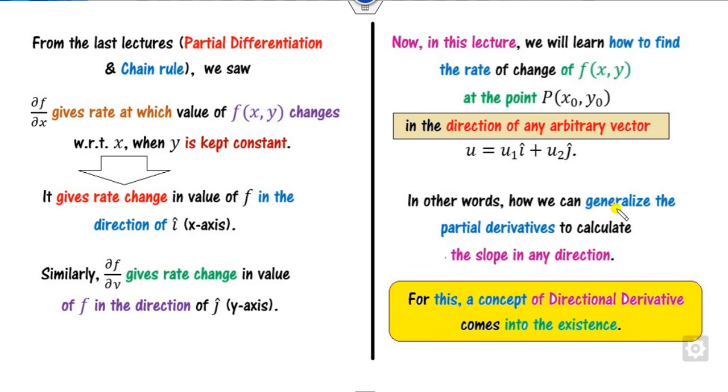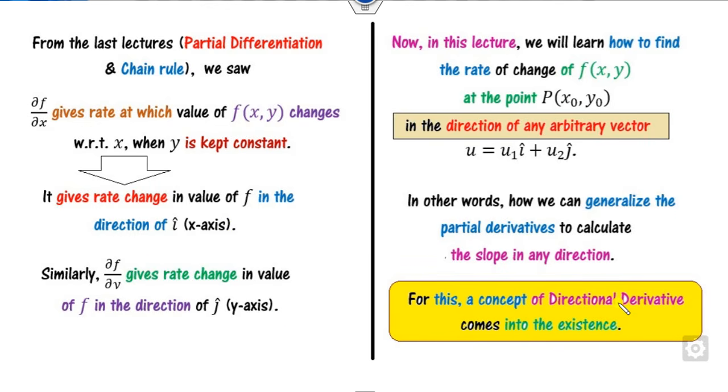Or you can say, how can you generalize the partial derivative to any direction of the slope, because this is only on the x-axis and this is only on the y-axis, so we can change them to be any direction. This is called the directional derivative.